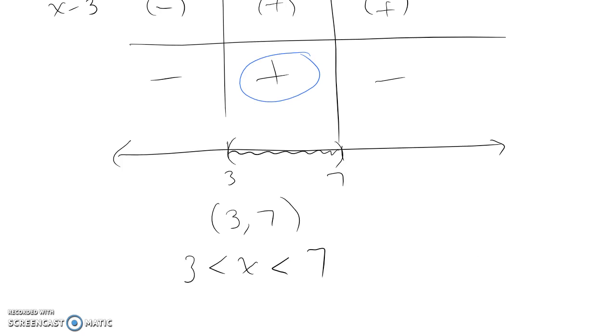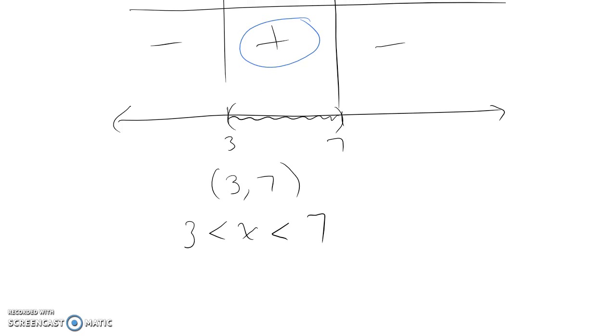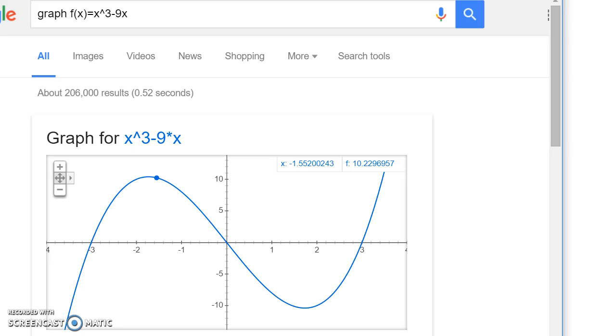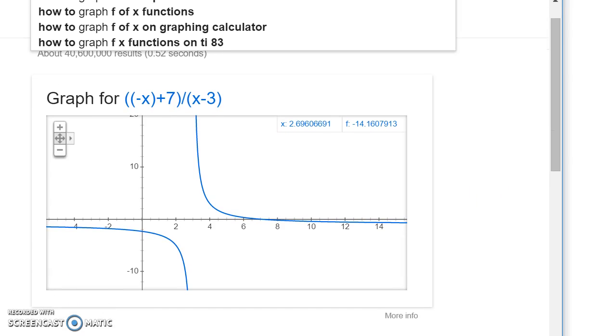Now, if we wanted to check this, it's a good idea to take a look at the graph. I have graphed it for us, and it's on this graph here. Notice the region between 3 and 7. 3 is about right here.